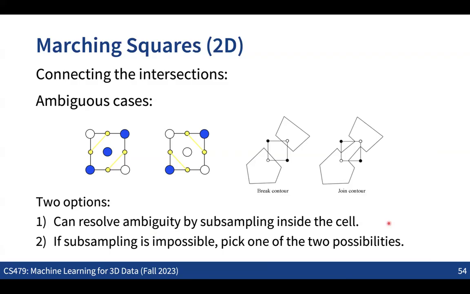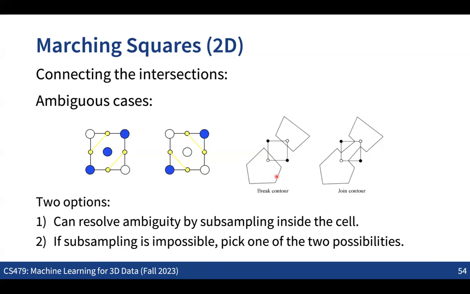Or another simple solution is that we just randomly pick one of those two cases. So these are some simple solutions, right? Makes sense. So this is a very simple idea in terms of how we make the final 2D contours with the connection of the lines.